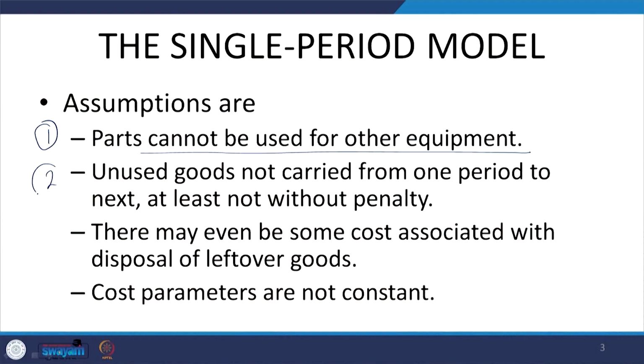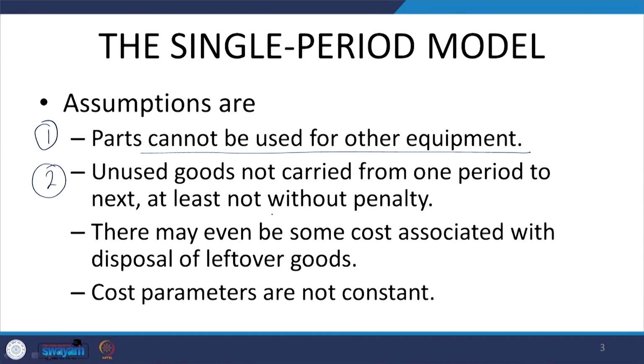The second is unused goods not carried from one period to the next, at least not without penalty. Like in the case of newspaper, we know that every day you are getting a new newspaper. So, it is not possible that the newspaper of yesterday you are able to sell today.